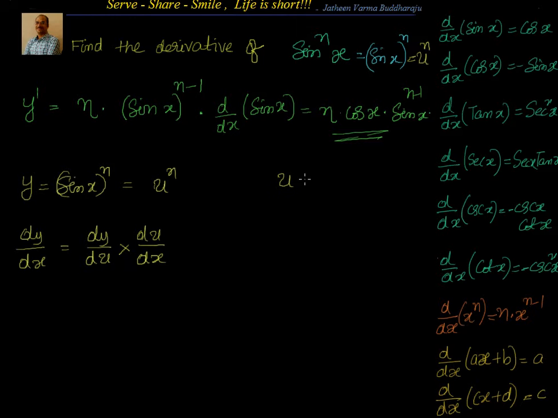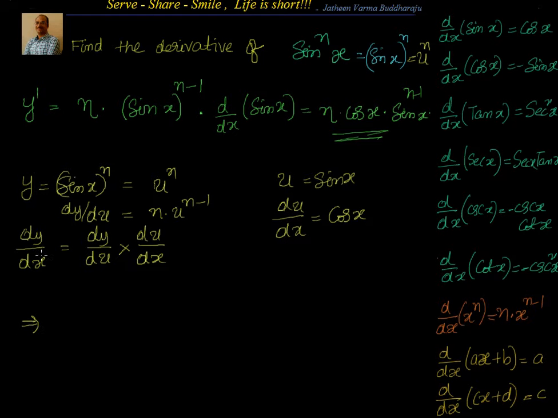Now what is u? u equals sin x. What is du by dx? du by dx is equal to cos x. What is dy by du? dy by du equals n into u to the power of n minus 1.